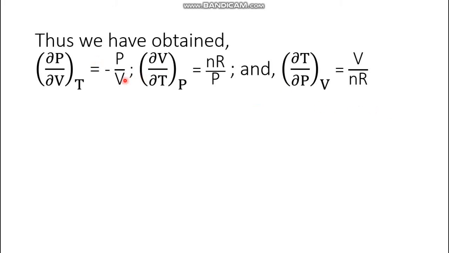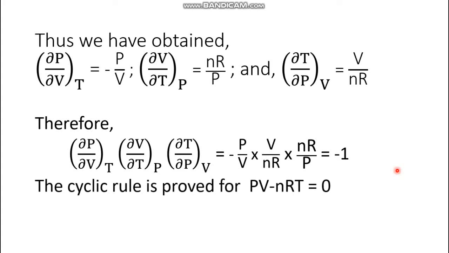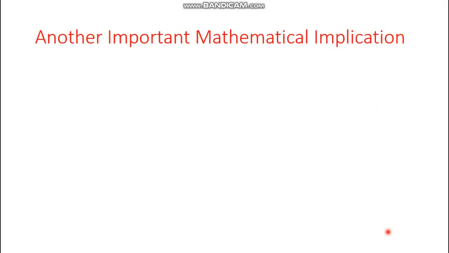The first one yields minus P by V, the second one yields nR by P, and the third one yields V by nR. Let's multiply them. The multiplication gives minus 1. So the cyclic rule is verified here to be valid, and it is also proved for PV minus nRT equal to 0.